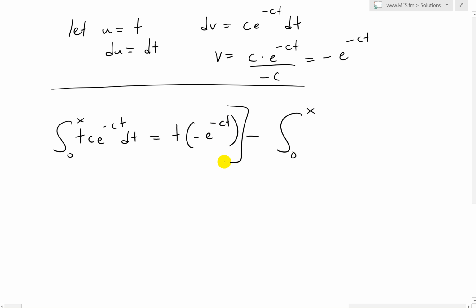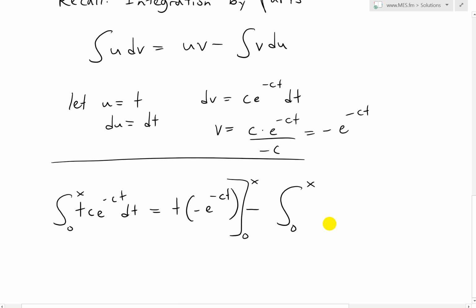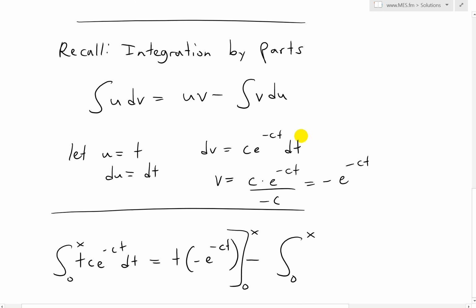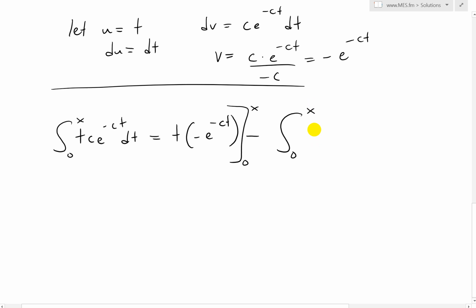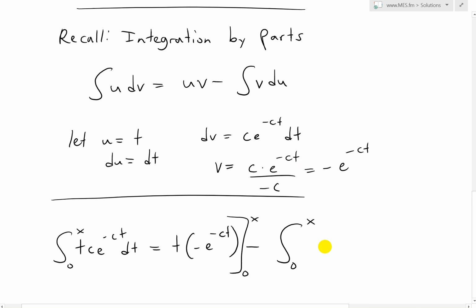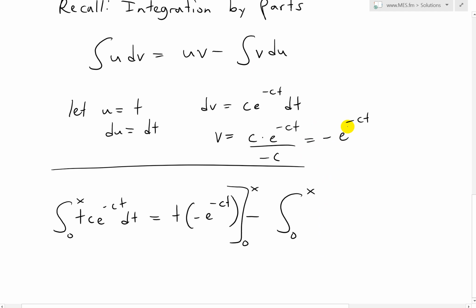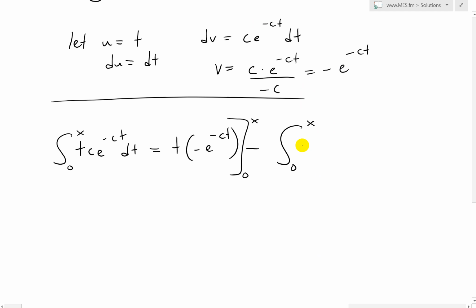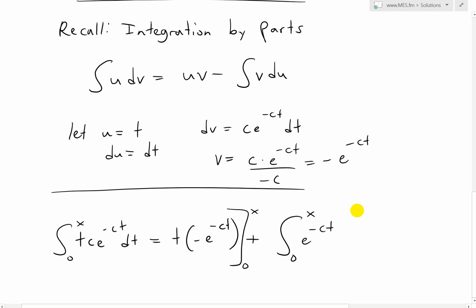We evaluate the first part from 0 to x as well, because this is a definite integral. Now we write v, which is negative e to the negative ct. There's a negative one, so this becomes positive, e to the negative ct, and then du, which is dt.